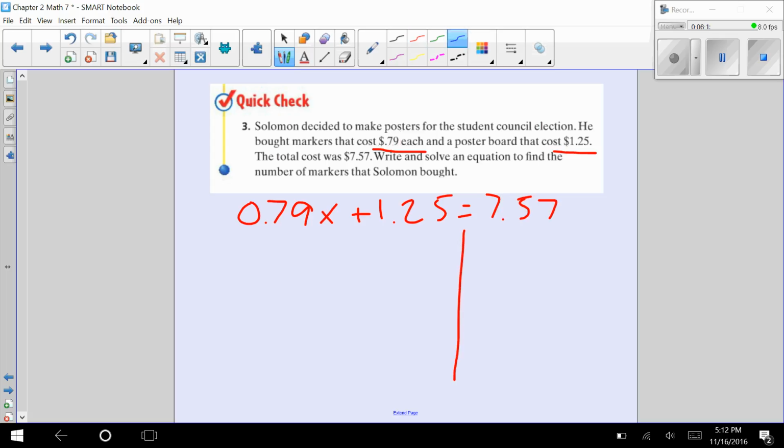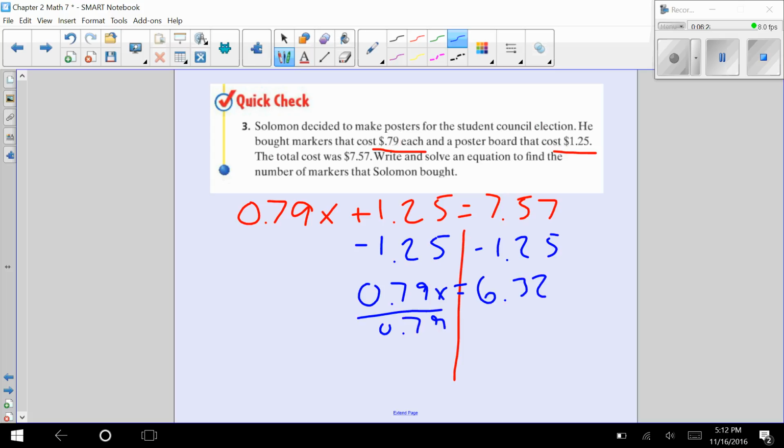Draw our wall. To start solving, I'm going to subtract 1.25. I get 0.79x equals 6.32. And then I'm going to divide by 0.79 on both sides. So x equals 8. My answer is 8 markers.